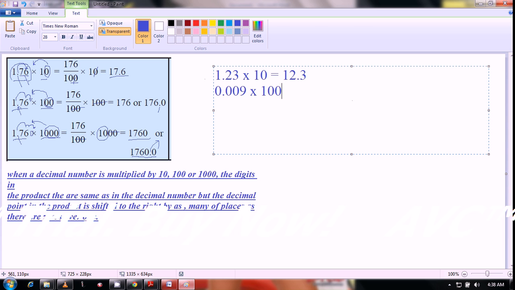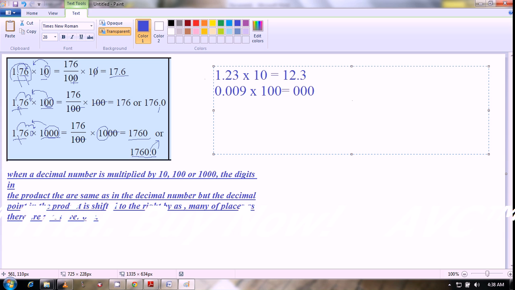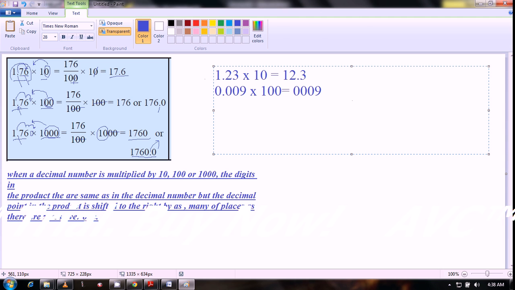Suppose our number is 0.009 multiplied with 100. So in the answer we will write the number as it is. Our number is 0009, but we know that writing zeros before 9 is insignificant, so I can remove them.